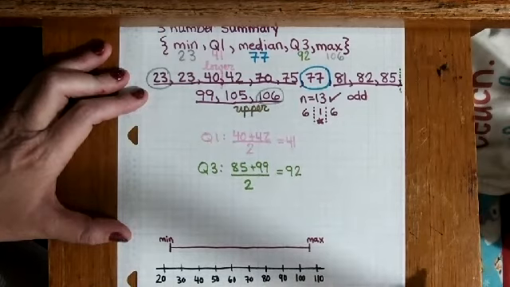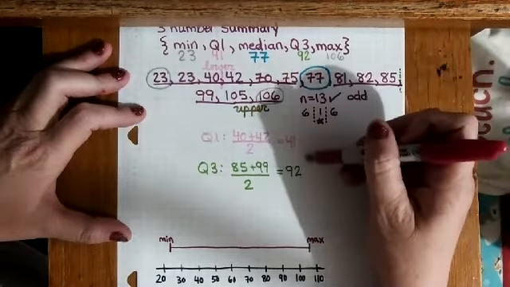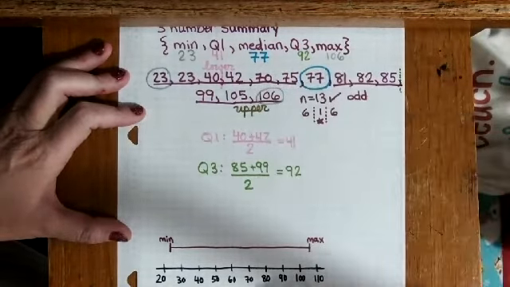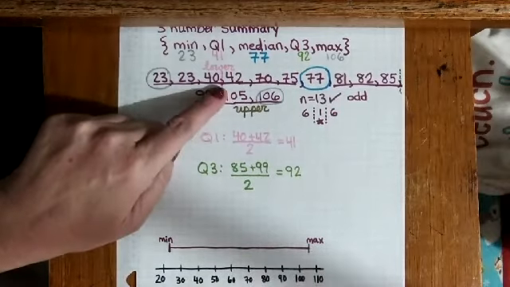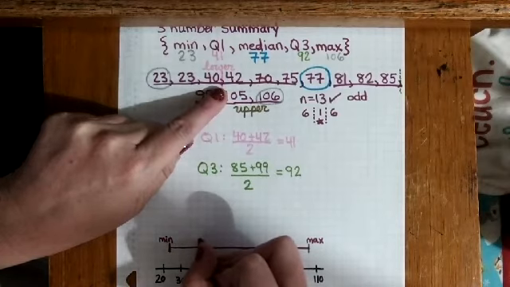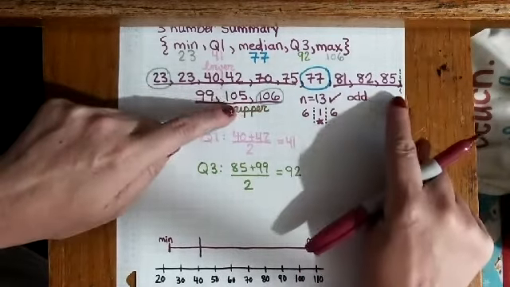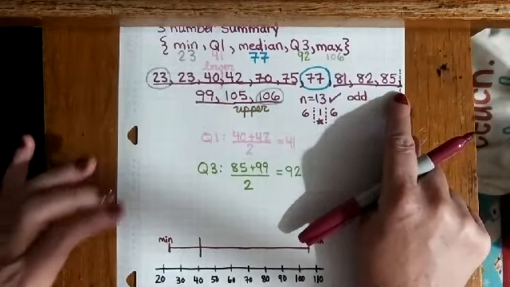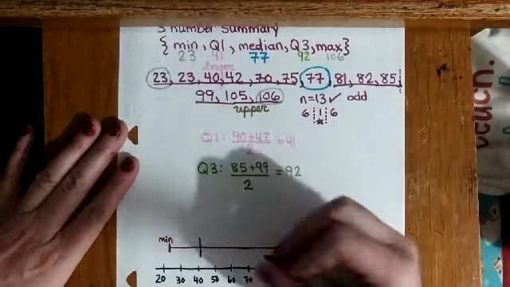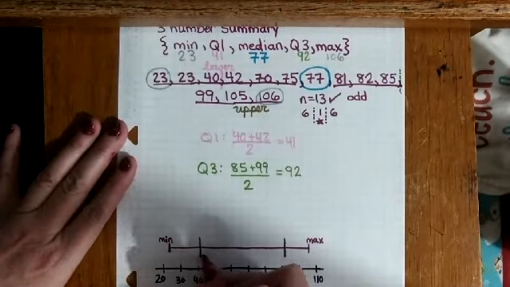What the box tells you about is the middle 50% of your data. So you go from your Q1, which is 41, and you do another one of these vertical lines, only a little longer, and we'll go to our Q3, which was our 92. Q3 at 92, one of the longer vertical lines, so that we can form a box.